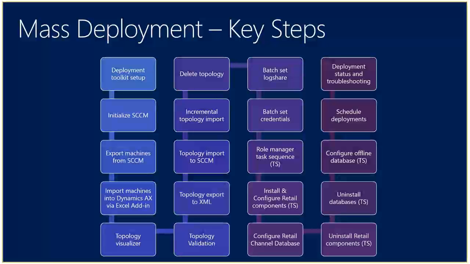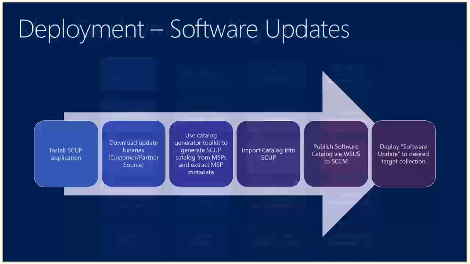We can spend a couple of minutes to quickly look at the sequence involved in mass deployment of software updates. The mass deployment of software updates makes use of another component in System Center Configuration Manager called System Center Updates Publisher, or SCUP in short, which is a companion application that works with System Center Configuration Manager.